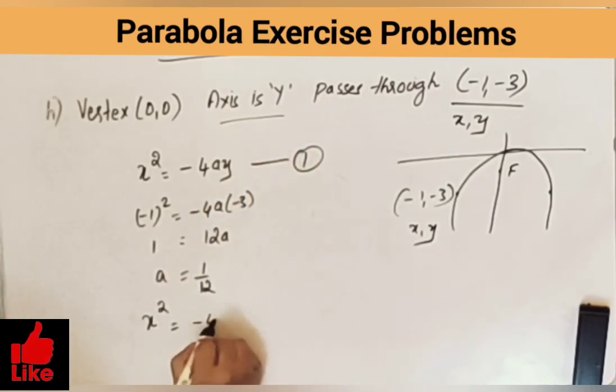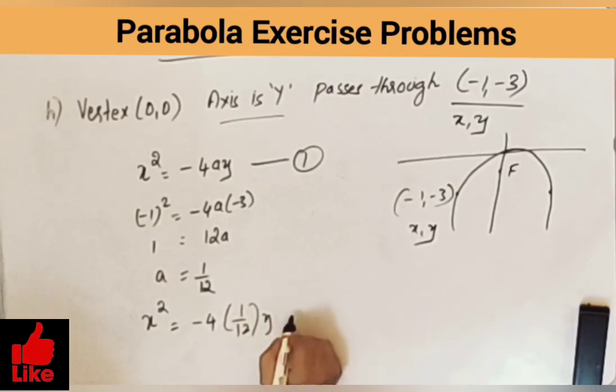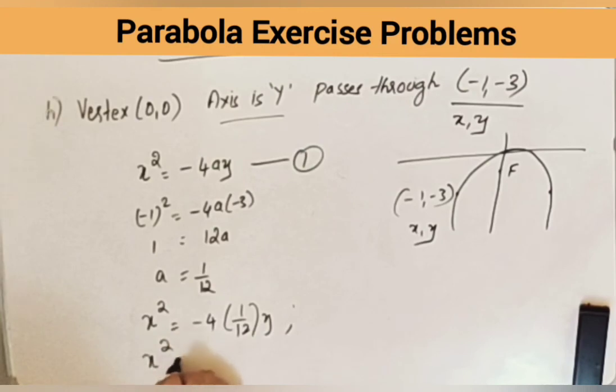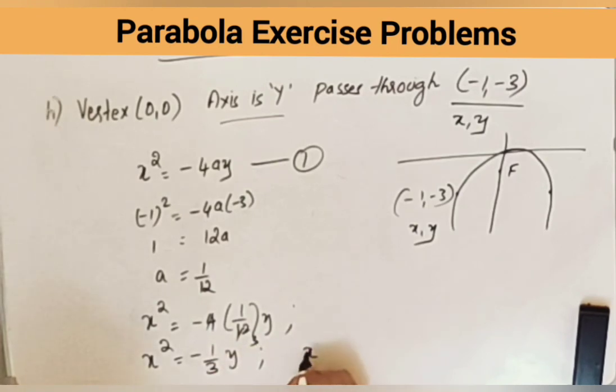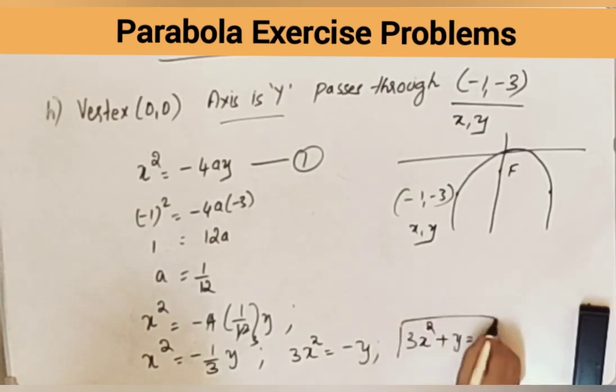So x square is equal to -4 into 1 by 12 into y, which is x square is equal to -1 by 3 into y. So we get 3x square is equal to minus y. So we take minus y to the other side. We get 3x square plus y is equal to 0. This is the equation of the parabola.